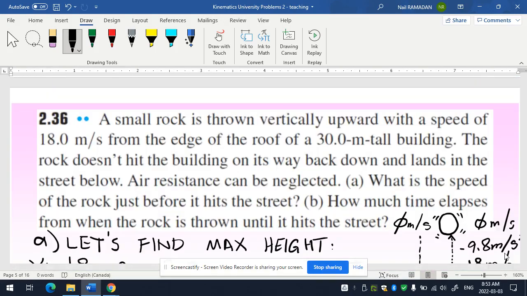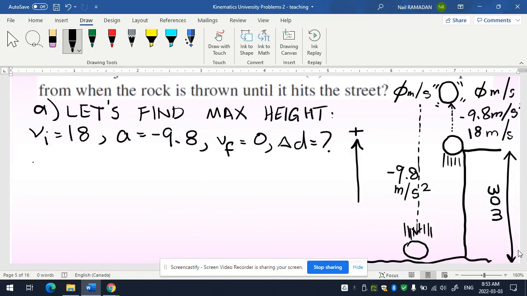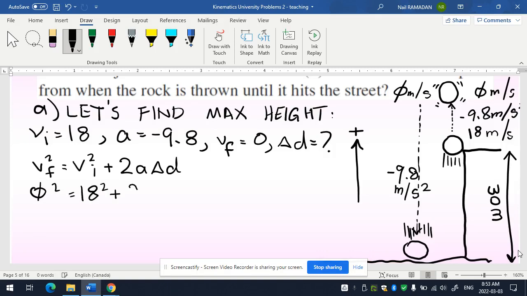VF squared equals VI squared plus 2A delta D. Okay. What's the final speed? 0 squared. Initial speed is 18 squared plus 2 times negative 9.8 delta D.